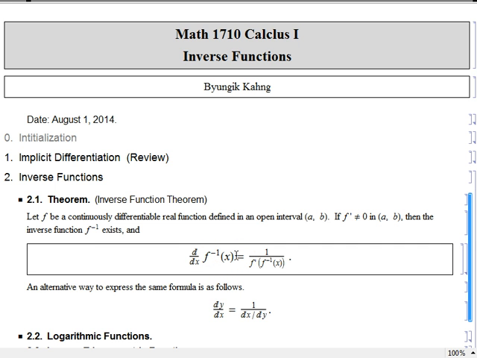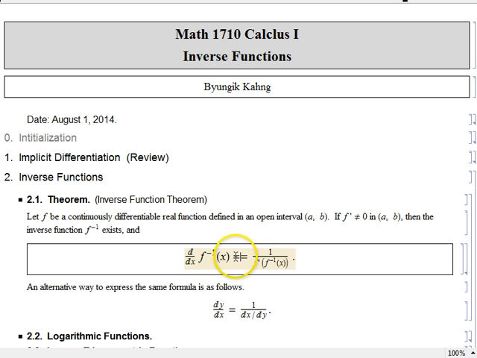The derivative of an inverse function is 1 over the derivative of the original function evaluated at the appropriate place, and of course that's the inverse function. Or you can express this as 1 over f prime of y, because after all, y is going to be f inverse of x.